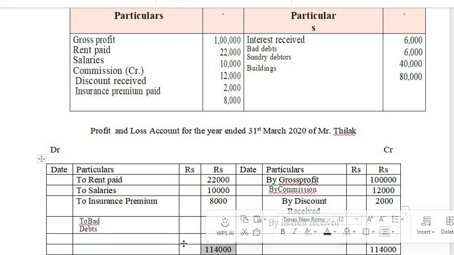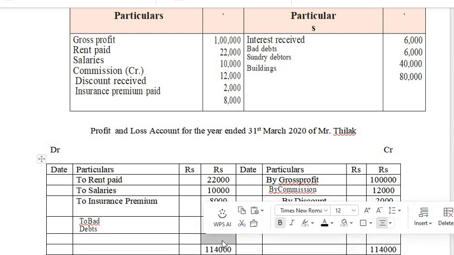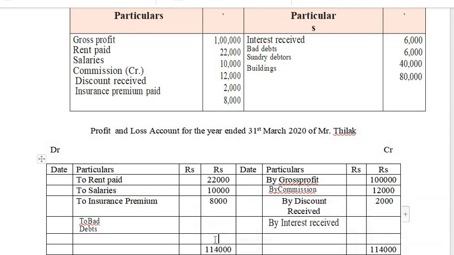Okay, so the difference I'm getting on the left hand side: from 1,14,000 I'm subtracting 40,000. 22 plus 10, 32, 32 plus 8, 40,000. So 1,14,000 minus 40,000, what is the difference I'm getting?